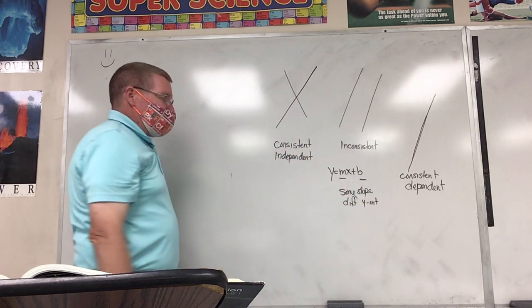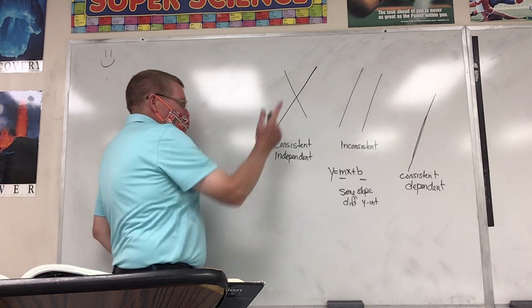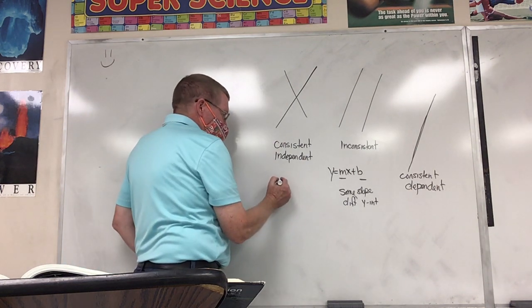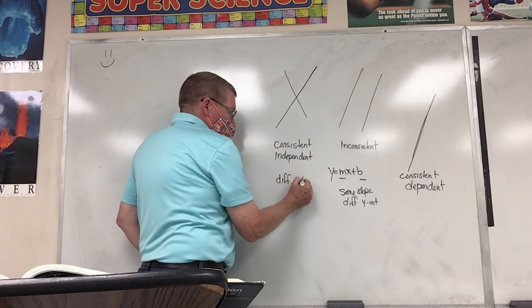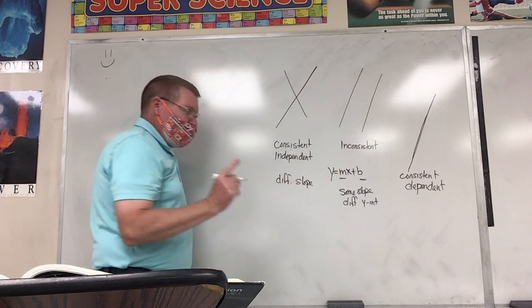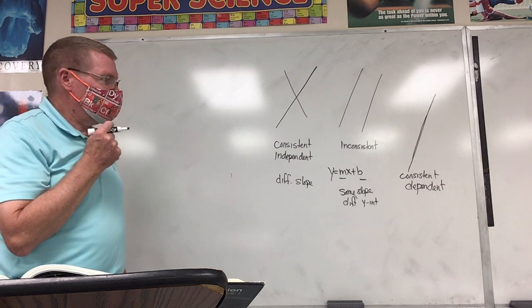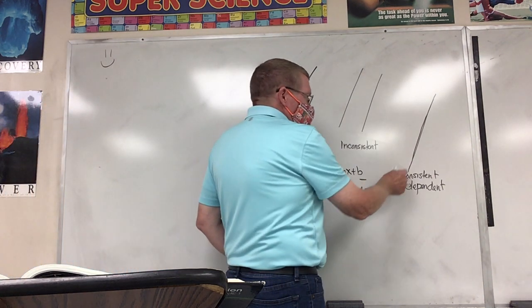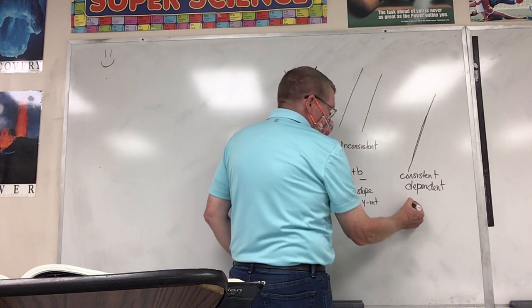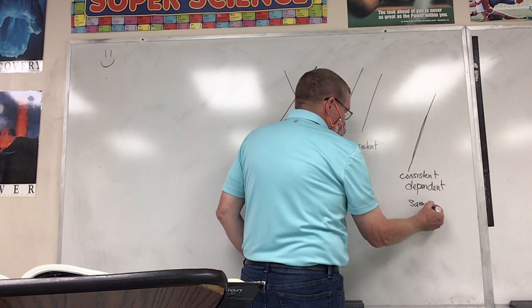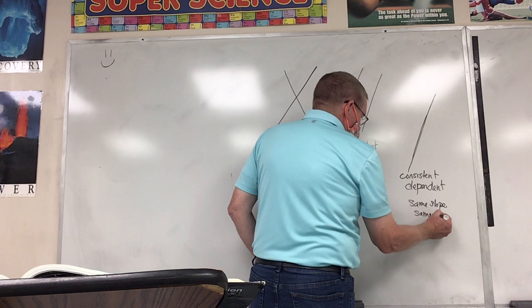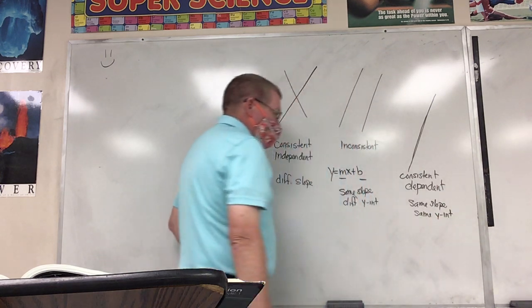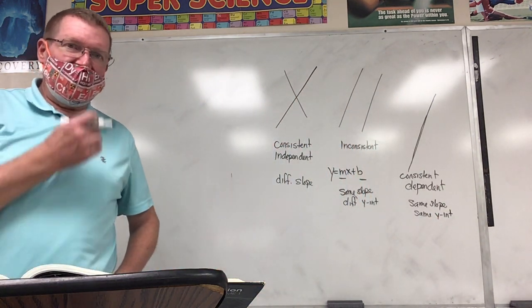If I look at a consistent independent, we notice the slopes are not even the same. So different slopes. It doesn't matter what the y-intercept is, they're just different slopes. And then when we look at a consistent dependent, we see it's the same line, so they have the same slope, same y-intercept.